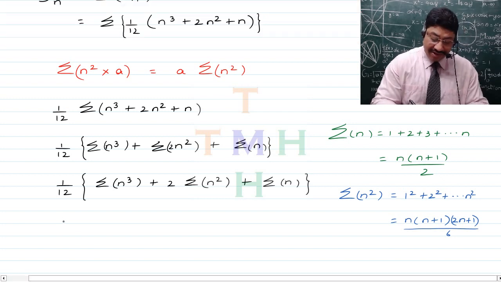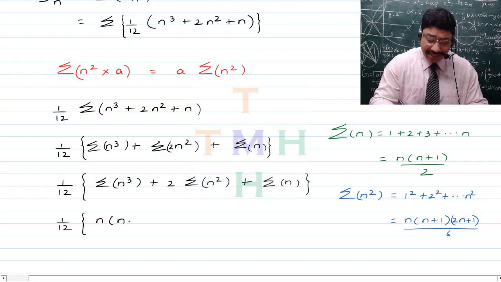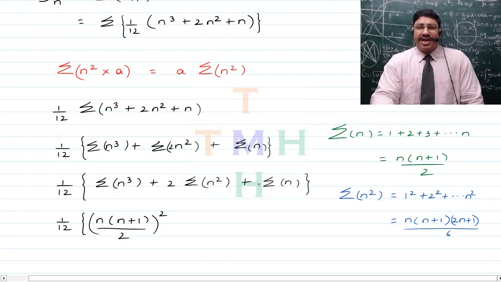So further now, children, next what you do is you still keep 1 upon 12 outside. And inside here now we'll be keeping the values, that is n times n plus 1 divided by 2 whole square. Now Sumiran, do you get to see something here? Very good.